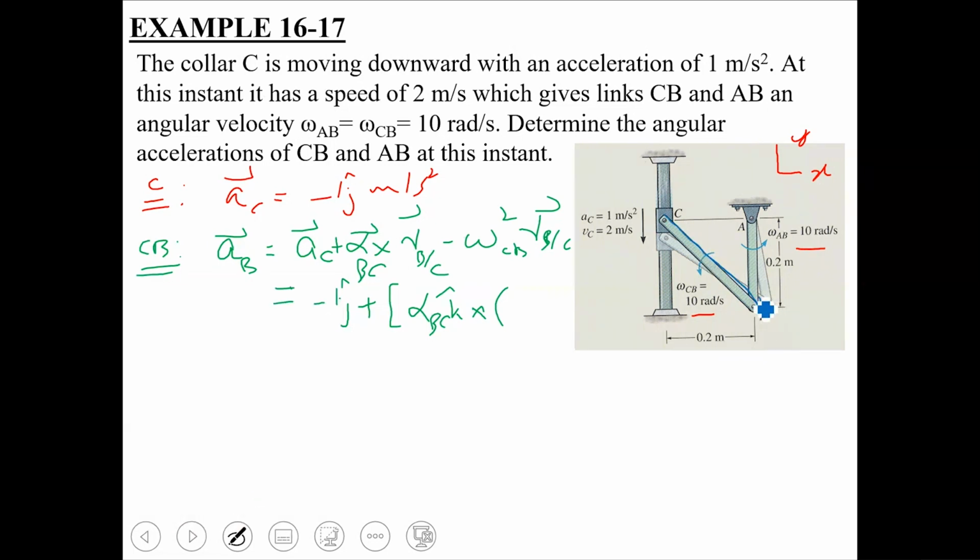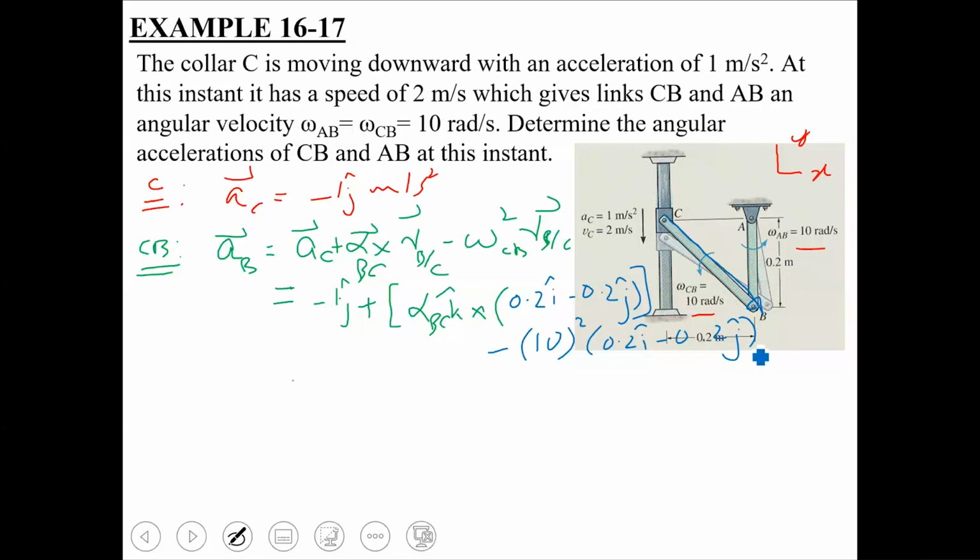It is going to be this vector, which has positive x, negative y. So 0.2 i minus 0.2 j. ये आपके पास alpha cross R आ जाएगा. Minus omega square, so minus 10 square into 0.2 i minus 0.2 j. ये आपके पास complete equation बन जाएगी.